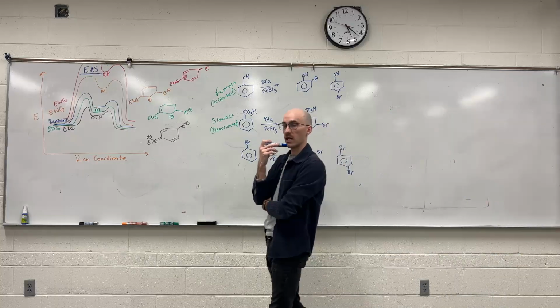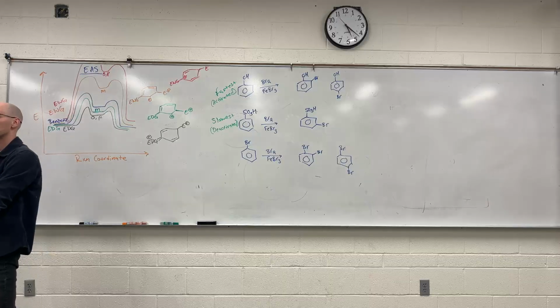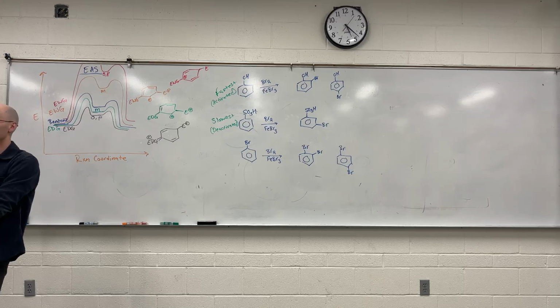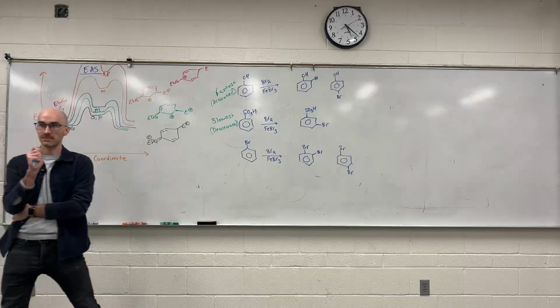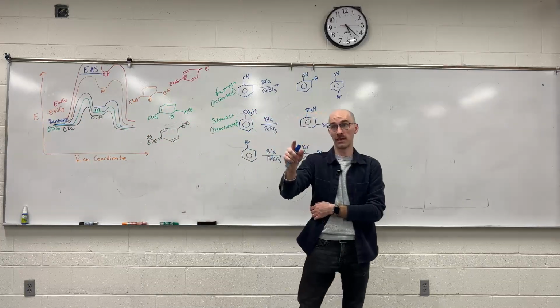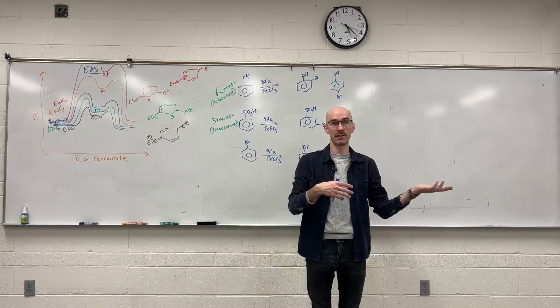EAS or NAS. Yeah. So I don't know if this is always the case, but I've noticed that with some of the NAS equations, it actually shows a substitution of one substituent for another. With EAS, it's almost like a fill in the blank, because we assume the hydrogens are on the benzene ring. In NAS, a bromine or a chlorine has to get substituted.